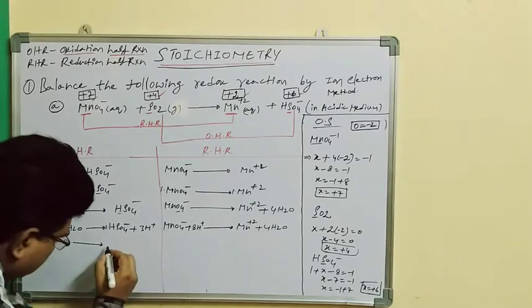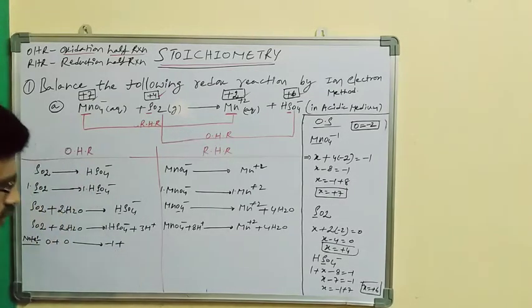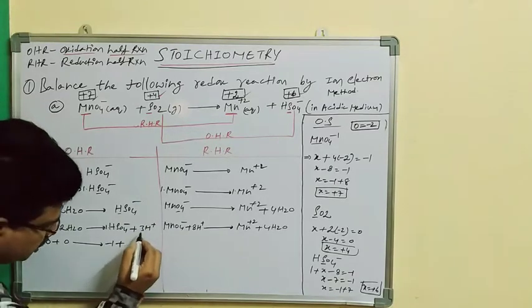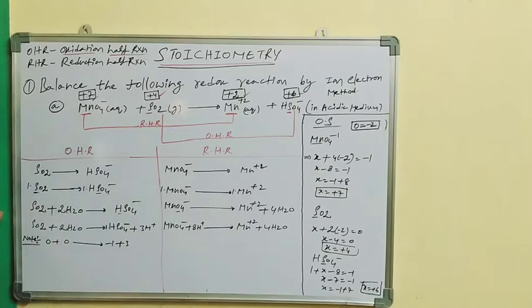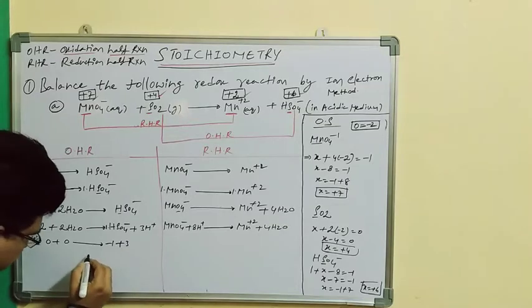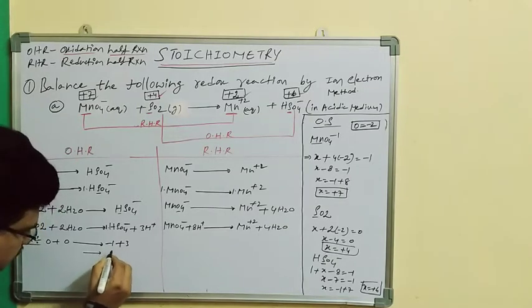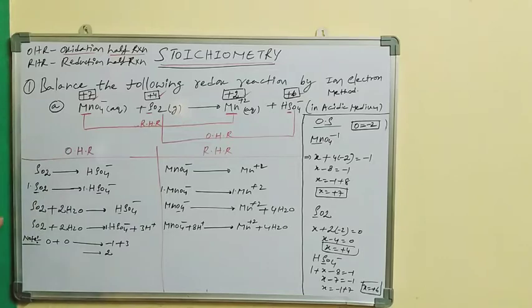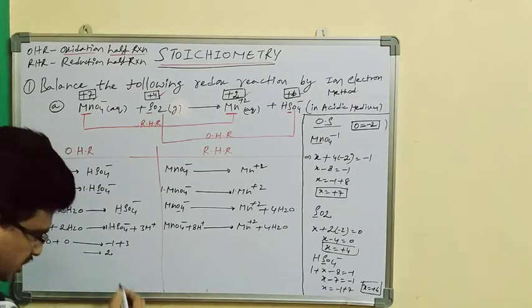Then 3 into, here power is plus 1, multiply: 3 ones are 3. So simplify: minus 1 plus 3, 2. What is the charge here, students? 2.